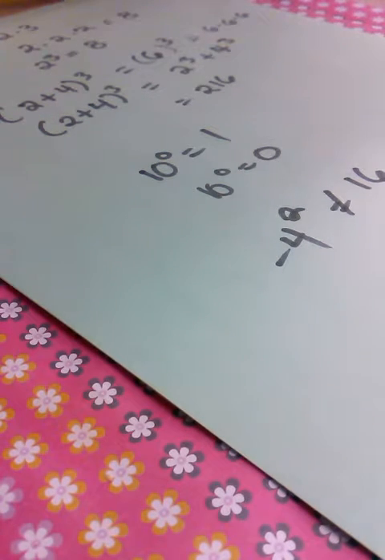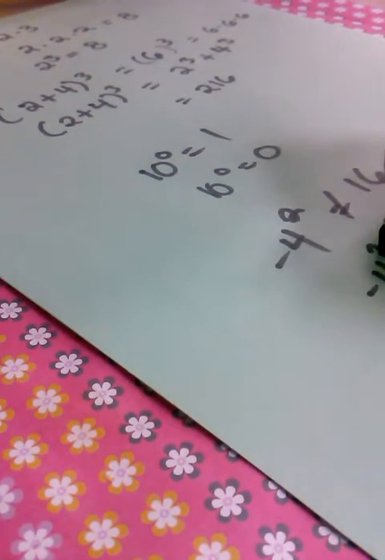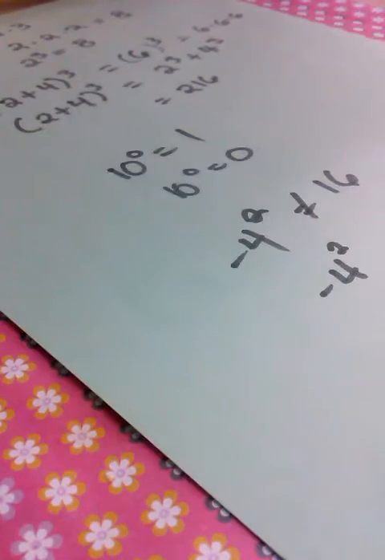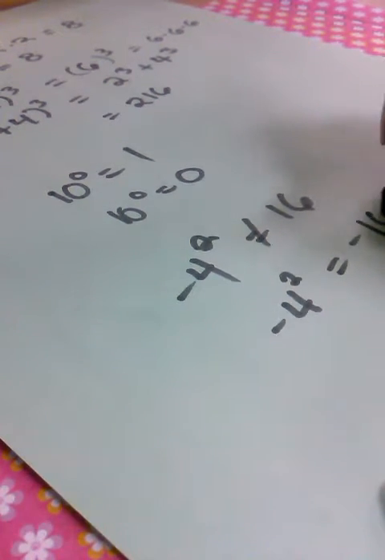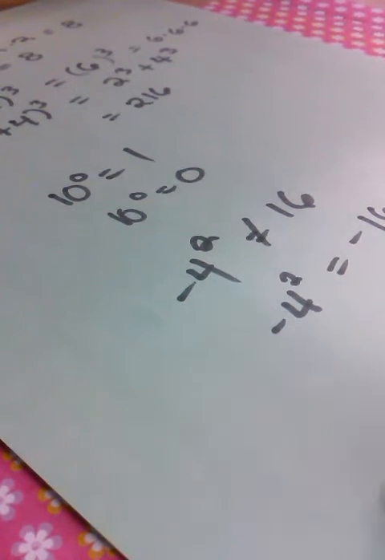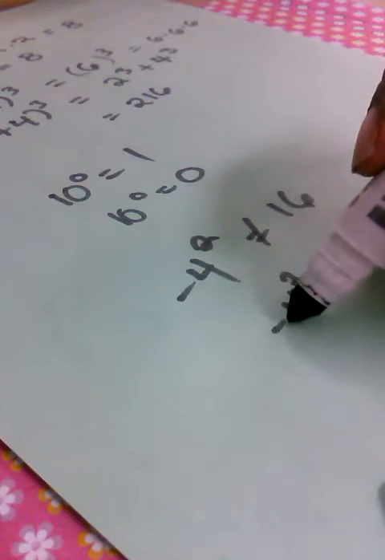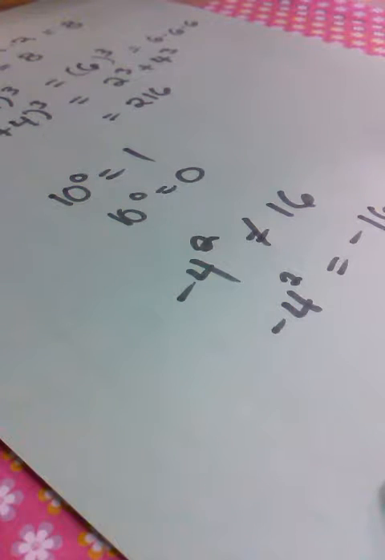Some will say that it is 16. But negative 4 to the second power is actually negative 16. You're saying the negative of 4 squared, or 4 to the second power. The negative of.